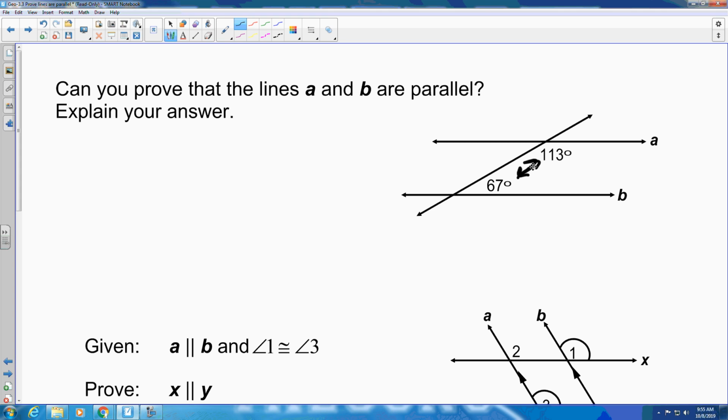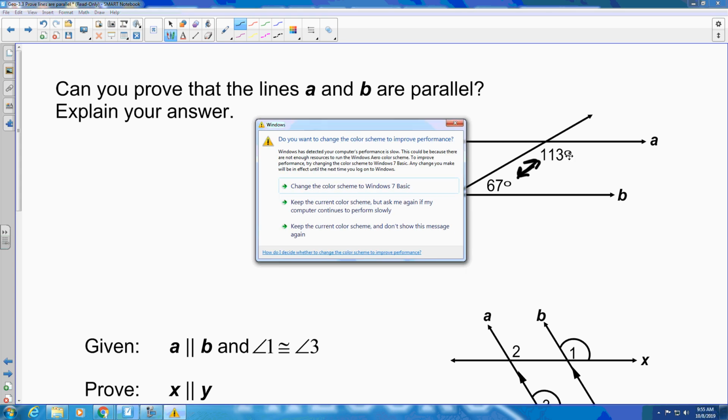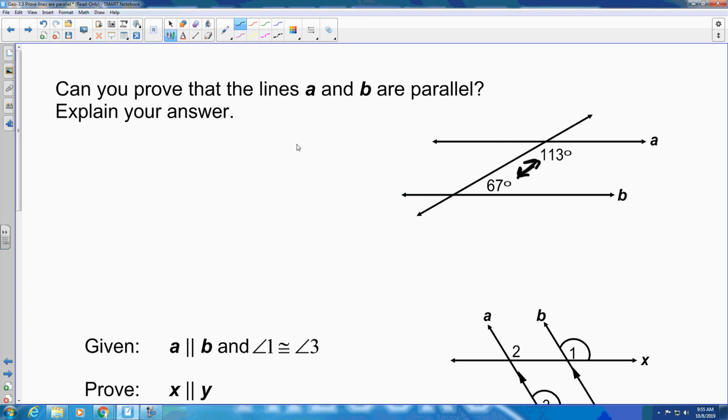Those two particular angles are consecutive interior angles. Since they are consecutive interior angles, they have to be supplementary. So we have to check if 113 plus 67 equals 180. And if you check, they absolutely do equal 180.